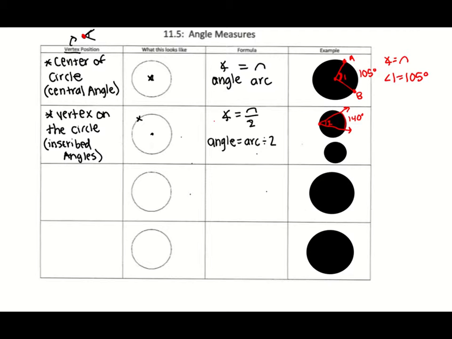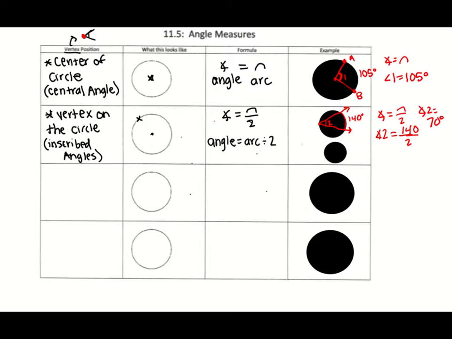We want to figure out what angle 2 is. We need to take our angle equal to our arc over 2 and solve. So angle 2 equals our arc, which is 140, divided by 2, that means angle 2 equals 70 degrees.